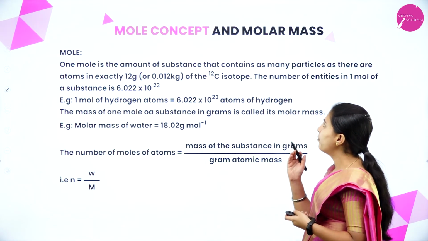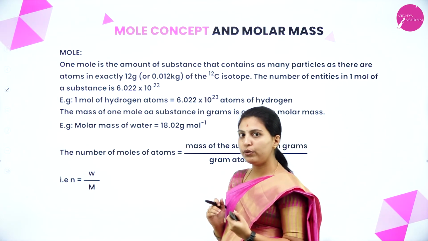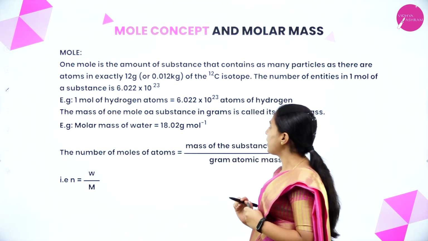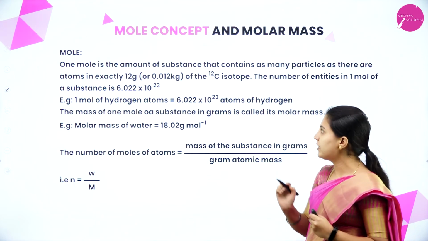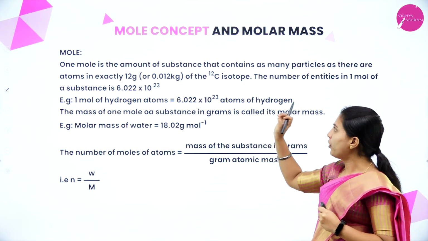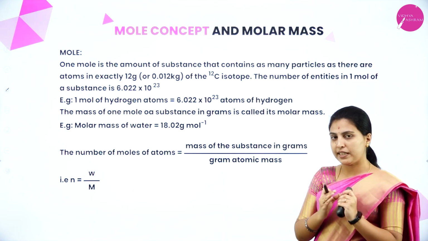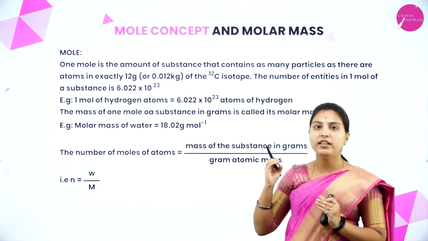Next we will see the mole concept and molar mass. First we have to understand what 1 mole is. 1 mole is the amount of substance that contains as many particles as there are atoms in exactly 12 grams of carbon-12 isotope.